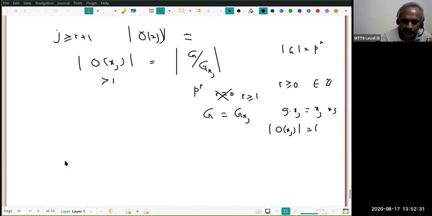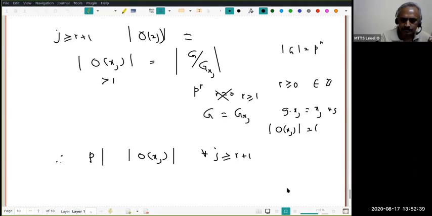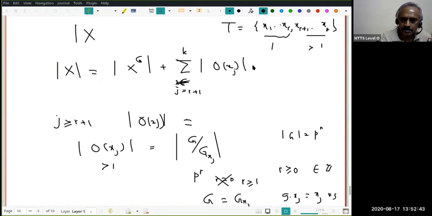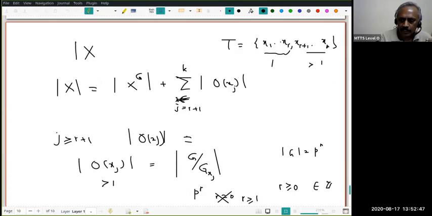In particular, P divides the size of the orbit of X_j for every j greater than or equal to r plus 1. You understood that? Therefore, what do I have?